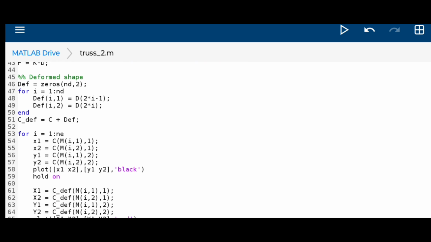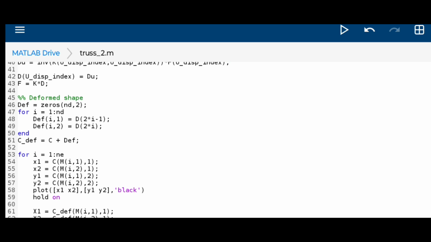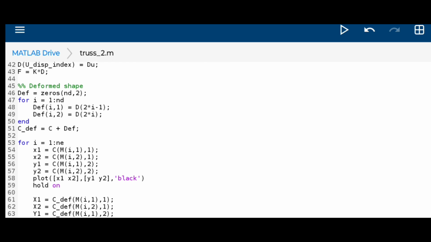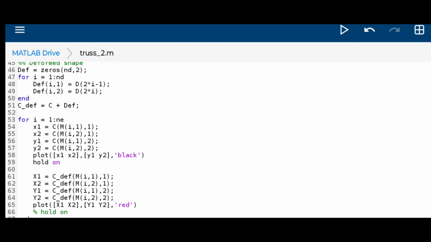So for the deformed shape, as I have already told you, this will be x1 y1, x2 y2, x3 y3, therefore we have to convert this displacement vector into n d cross 2. So I have defined it, the x part is 1, the y part is 2. In the deformed df, 1 1 is x1, 1 2 is, no, not x2, it is y1.